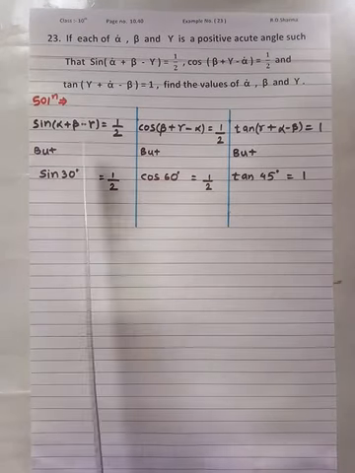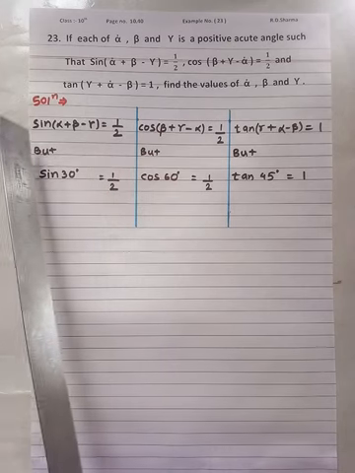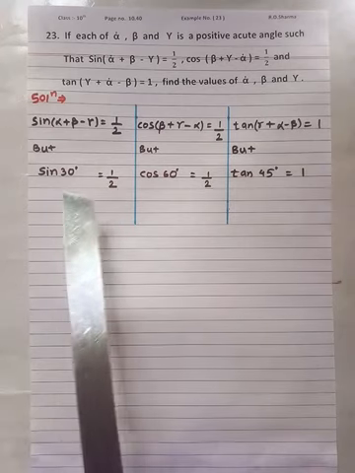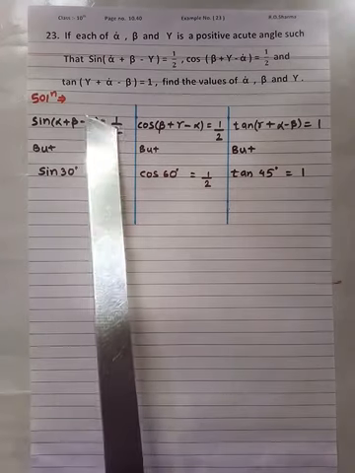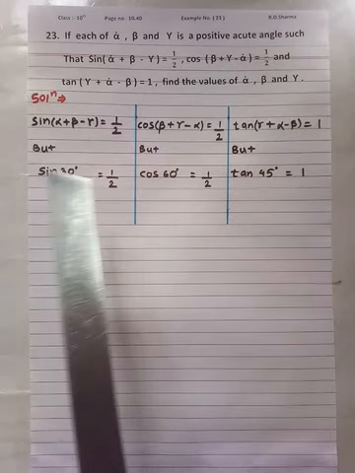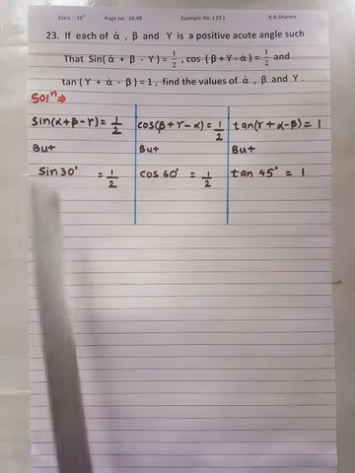Observe only the first column here. The right side of the first one is 1 by 2 and the right side of the second one is also 1 by 2, meaning the right sides of these two are the same. If the right side is equal, then the left side is also equal.